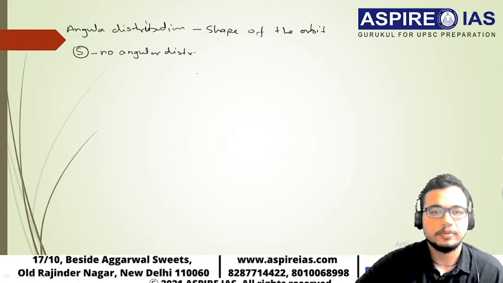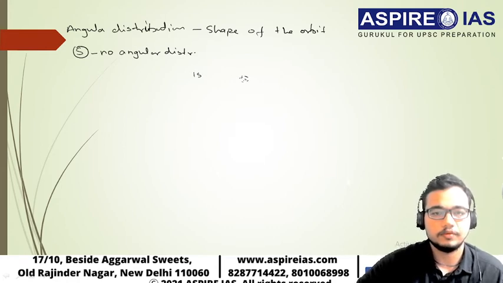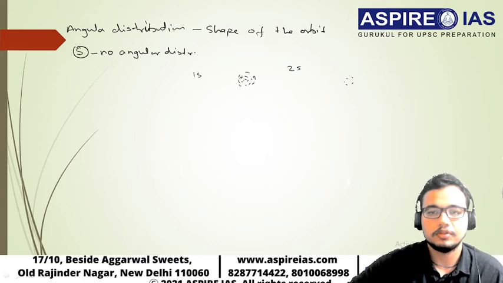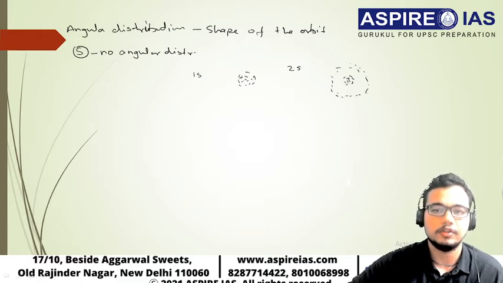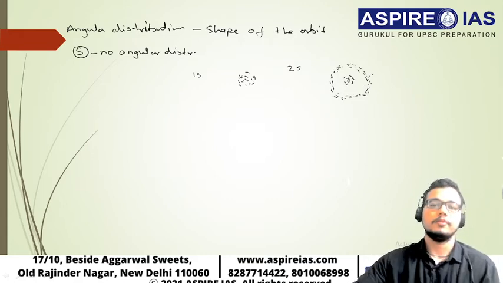So the shape for 1s will be simple spherical. For 2s there will be one node, so first a high peak, then an empty space that represents the node, and then the second high peak of probability. This one will be for 2s.